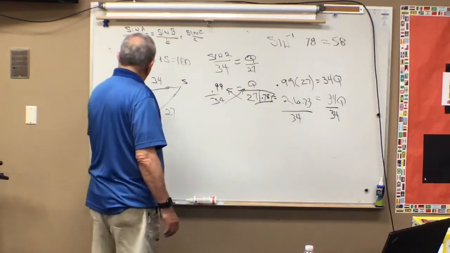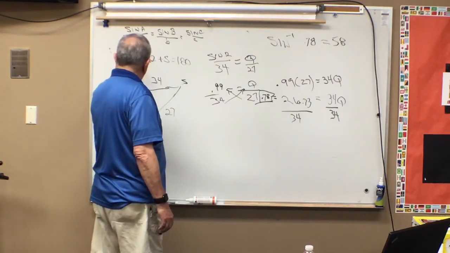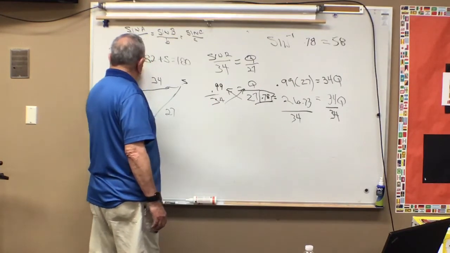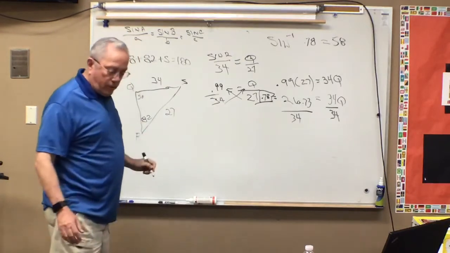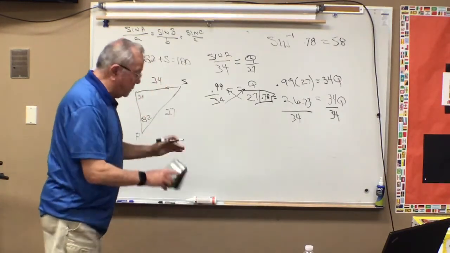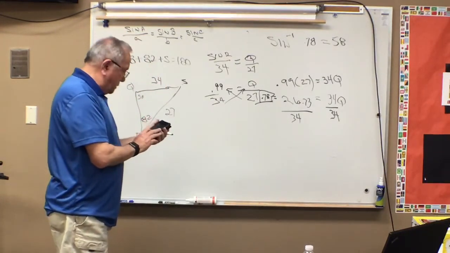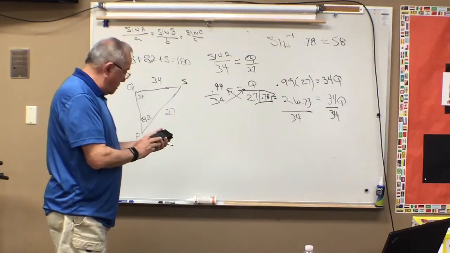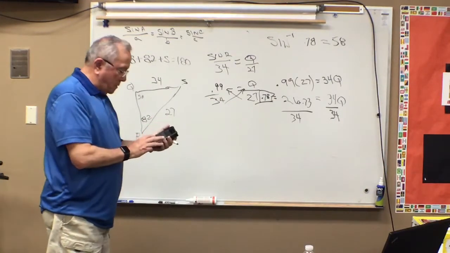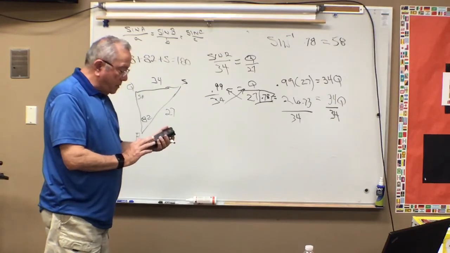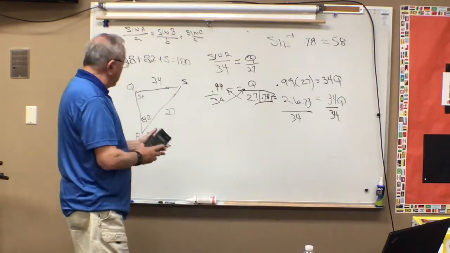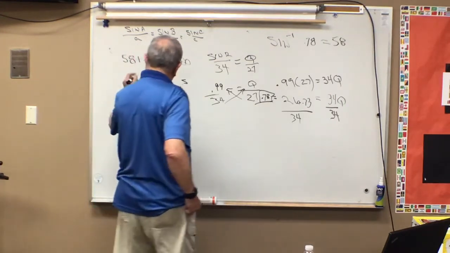Is that right? 130? Let me just do the math. I think it's 130. Check my math, because I'm old. So it's 58 plus 82. It does equal 140. All right. So this equals 140.